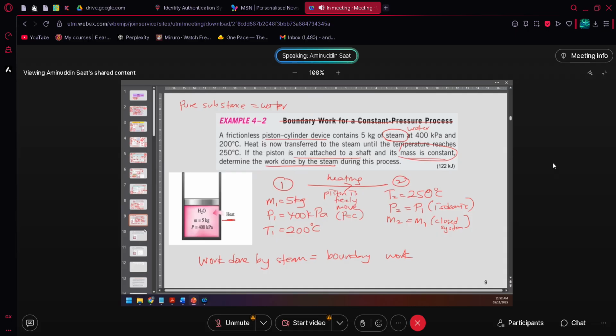It tries to create some reaction due to the heating. So the piston is moving upward and the temperature is increased. The boundary work for the constant pressure process, WB, can be calculated as P(V2 minus V1).